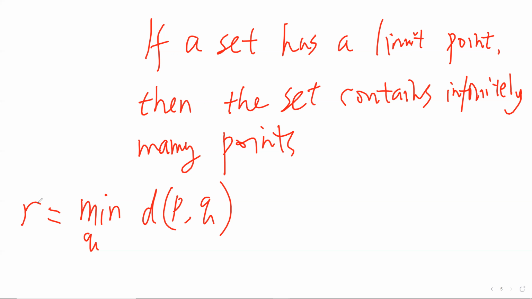Suppose it's R, then we can define a neighborhood of P, maybe R over 2. In this neighborhood, there is no other point, except possibly P, that belongs to the set.